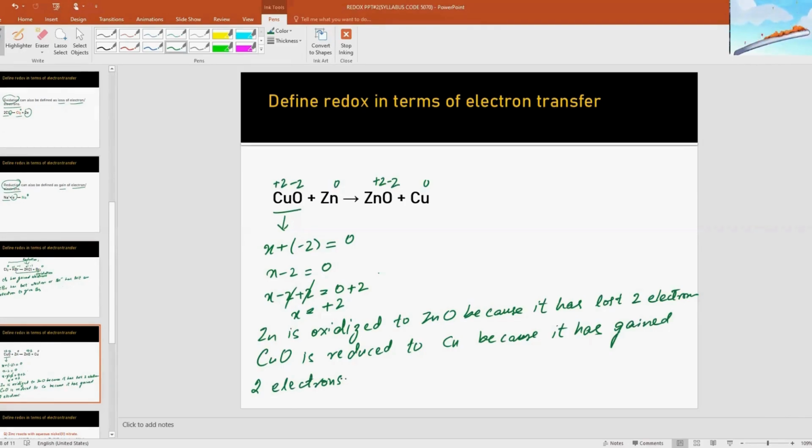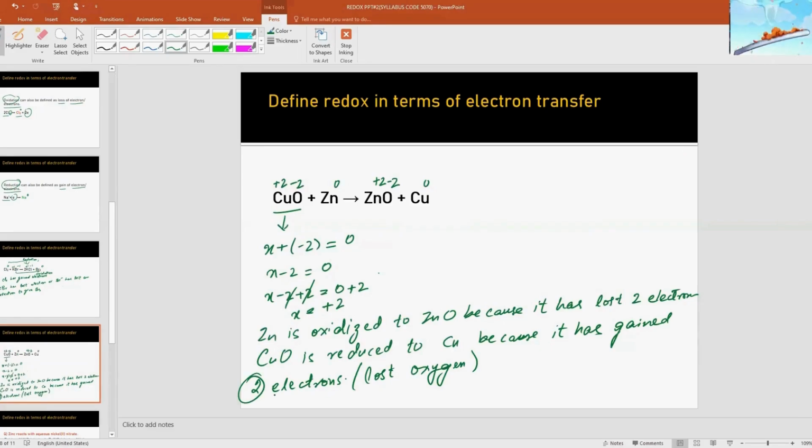You can give any one of the following reasons for reduction and oxidation. It states that CuO is reduced to Cu because CuO has lost oxygen. You can even write lost oxygen here. Or Cu has gained 2 electrons, which I have already mentioned.